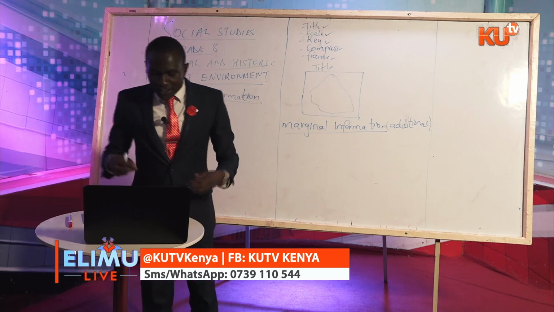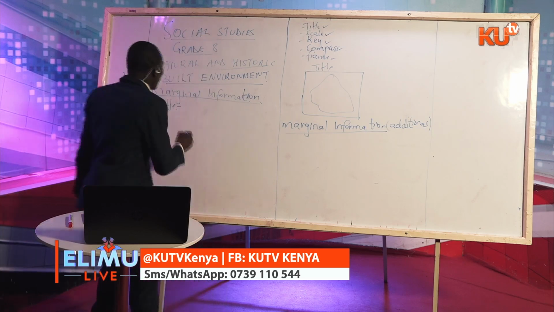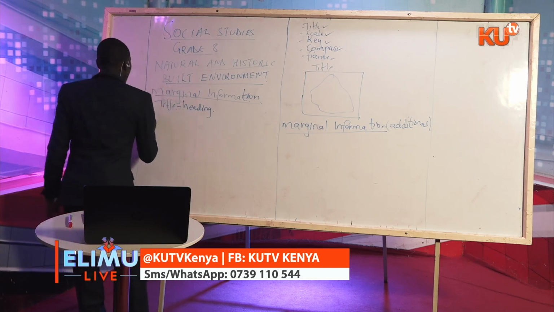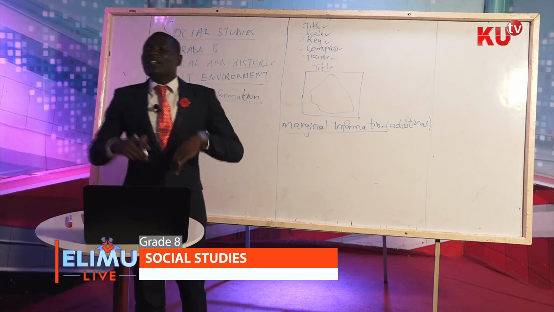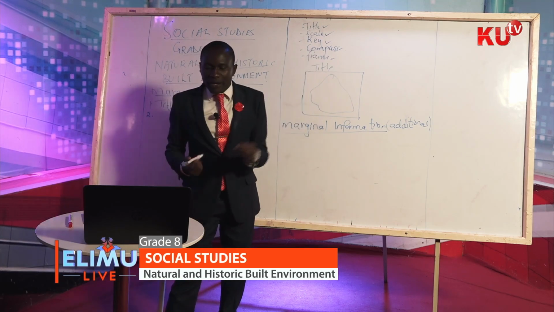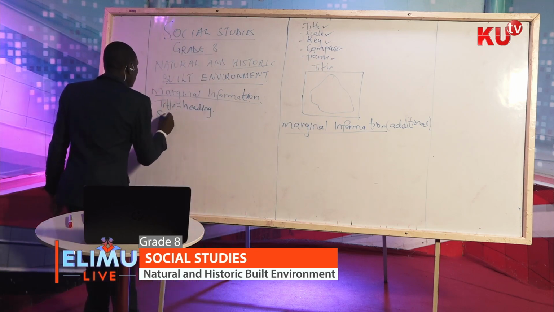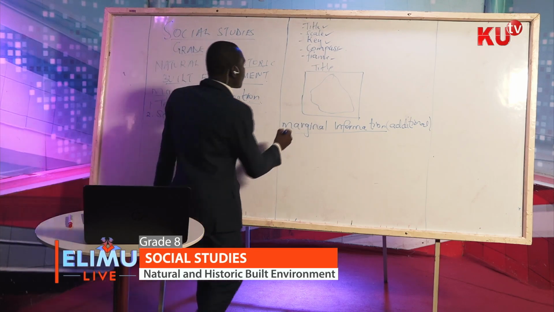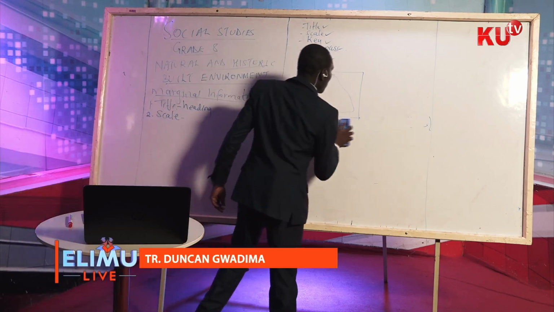The title is just the heading or name of a particular area, and it is always written at the top of the map. That one we are aware of. Then number 2, we have the scale. The scale is also marginal information because it is not written inside the map.